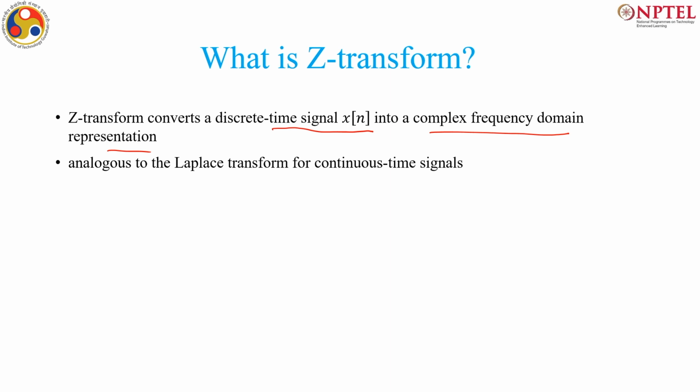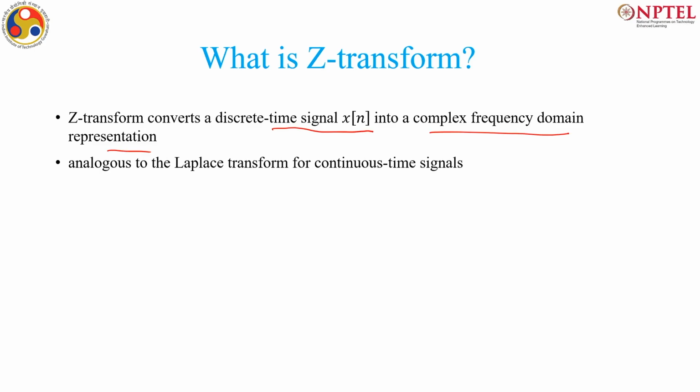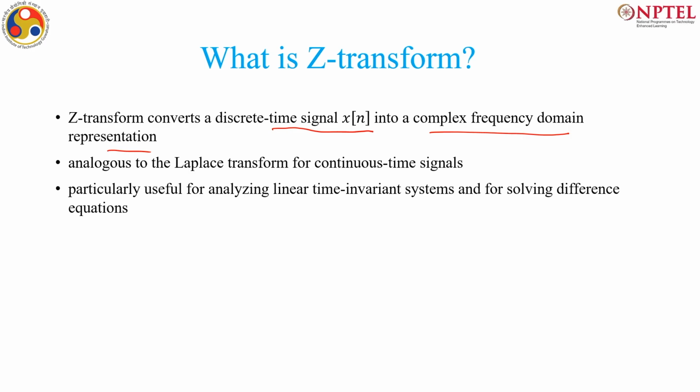In Laplace we extended the concept of continuous time Fourier transform from a single j omega axis to the S plane. Similarly, here we extend the concept of the discrete time Fourier transform to the whole Z plane.